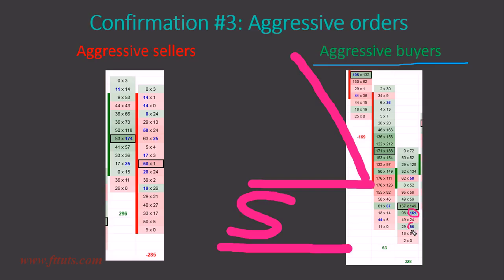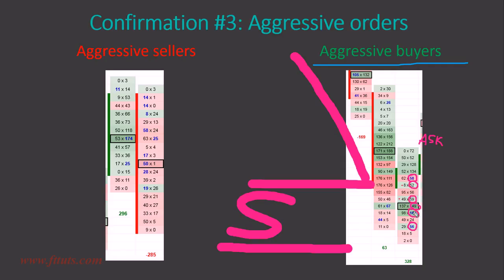This one, imbalances on the ask side of the footprint. Also this imbalance, and it doesn't need to be an imbalance. You want to see big numbers jumping in on the ask side. So also these bigger numbers than on the bid side.